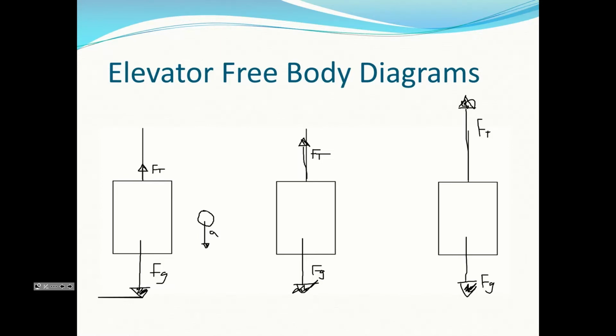If my velocity is up, velocity and acceleration are in opposite directions, so if it's moving up, it's slowing down. And if it's moving down, then these are in the same direction, so it's speeding up.